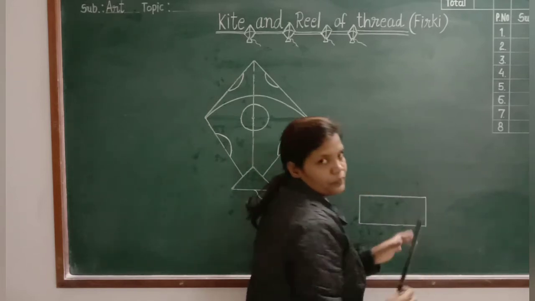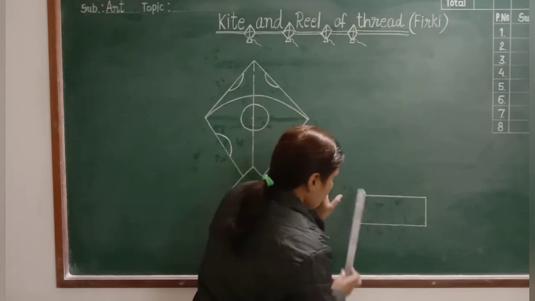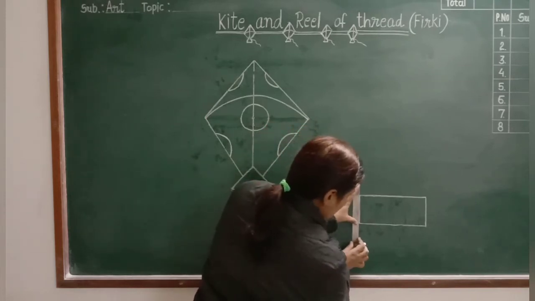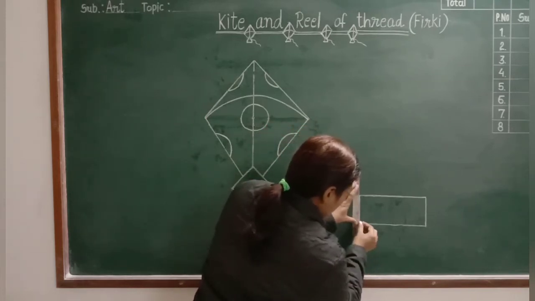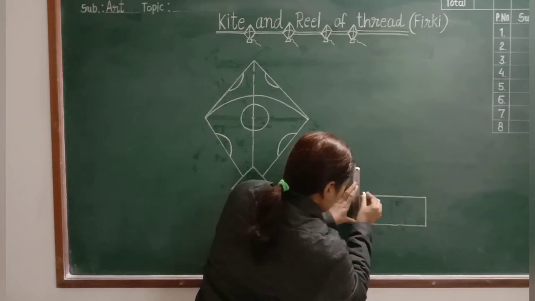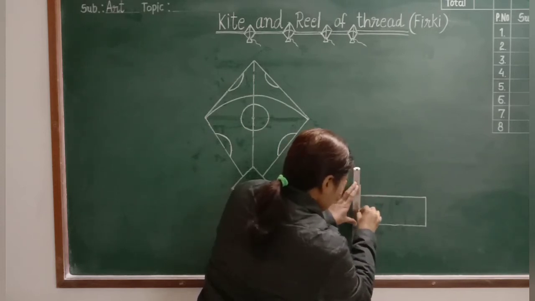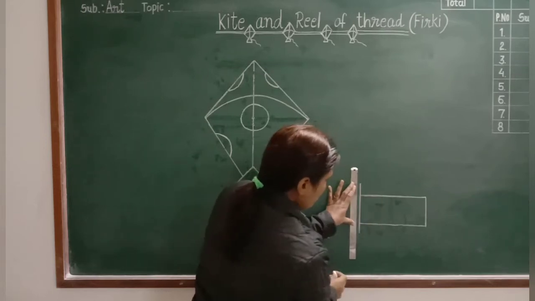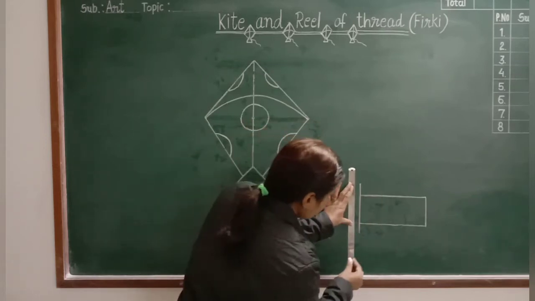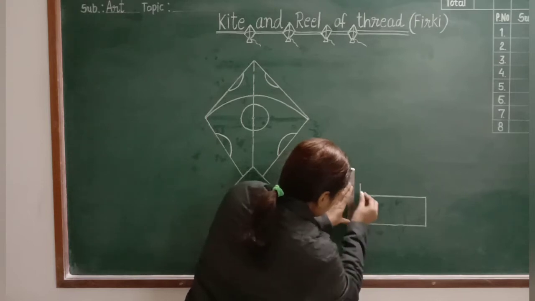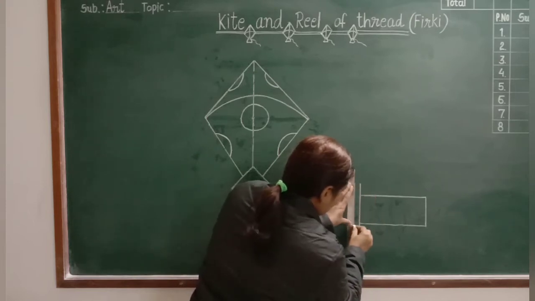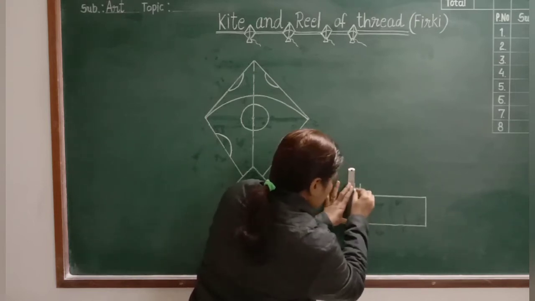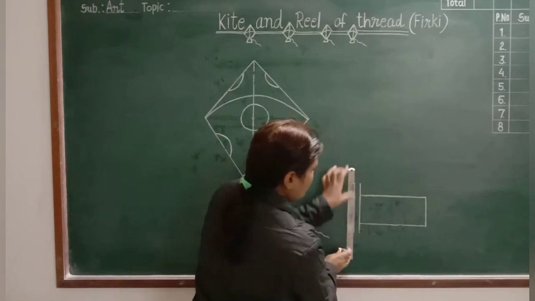okay. Now from the left side we will draw standing line, like this, okay. One more standing line, like this, okay.